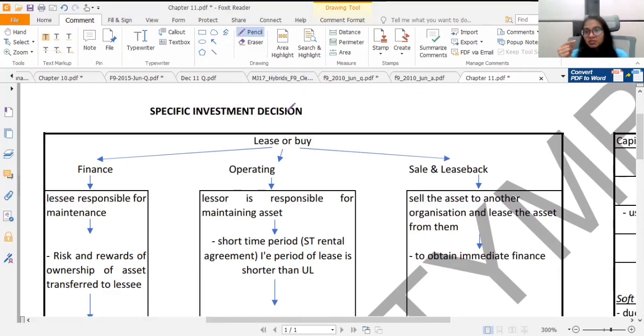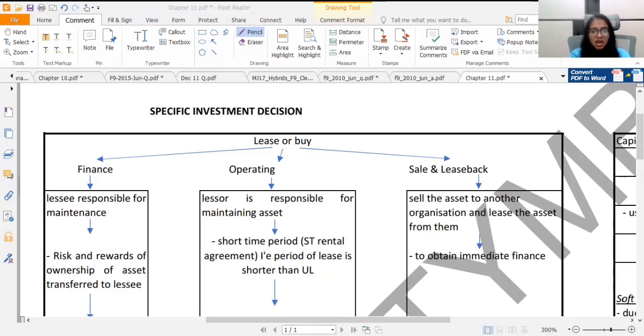But if you think NPV is doable, then you will not have a problem when it comes to dealing with lease or buy, because lease or buy effectively is the same question as what you have done in your NPV. There are only very slight, subtle differences between your lease or buy and NPV.